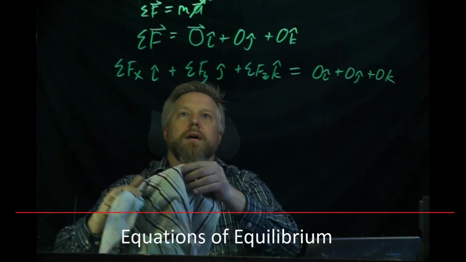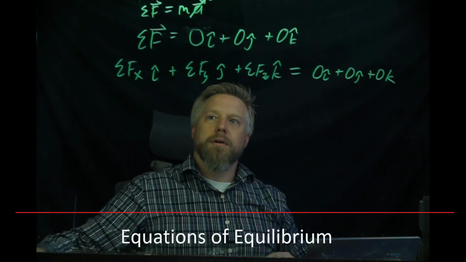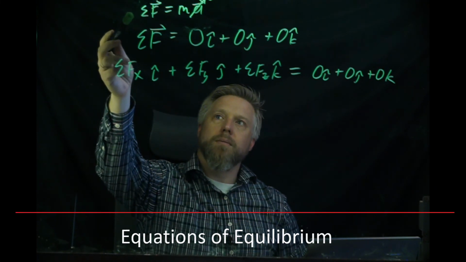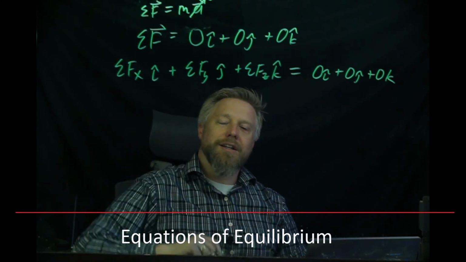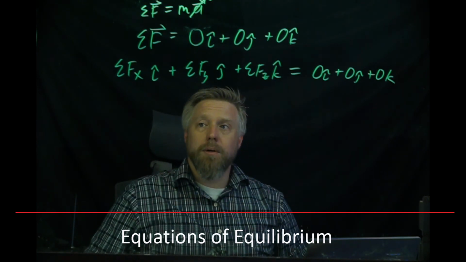Got to fix my misplaced harpoon up here so that we have everything correct. So this one equation, one vector equation, sum of the forces equals 0, is actually going to give us 3 scalar equations. And that's what we call our equations of equilibrium.